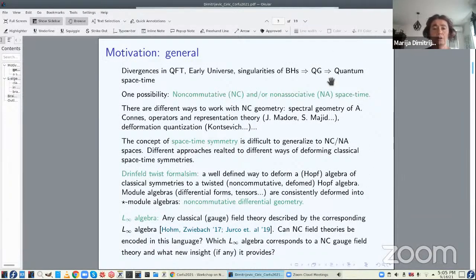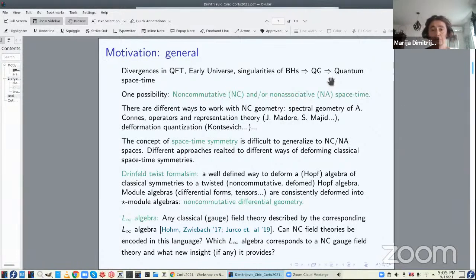So, general motivation, we start as usual. We know that we should look for something that is quantum gravity at small scales and high energies, and we somehow believe that there is a notion of quantum space-time at these very small scales, high energies, and one of the possibilities could be that this quantum space-time is non-commutative and/or, whatever you prefer, non-associative space-time.